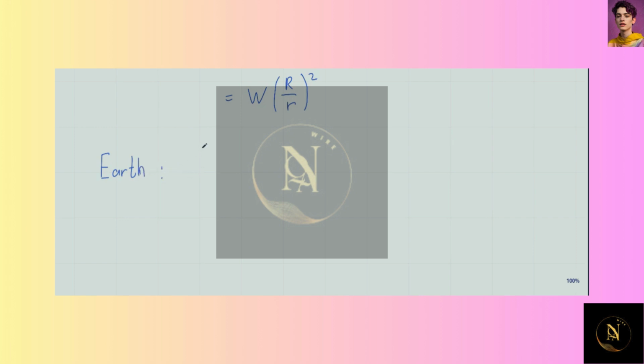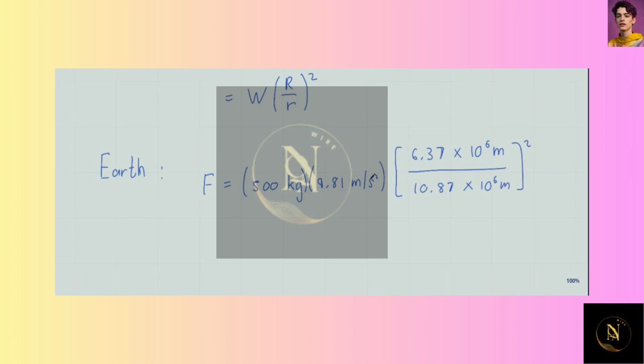So when it orbits the Earth, the force F is equal to its weight, which is its mass, 500 kg, times g, which is 9.81 meters per square second, times the ratio of the two radii, the radius of the Earth being 6.37 times 10 to the 6 meters over the radius of the orbit, 10.87 times 10 to the 6 meters, all squared.